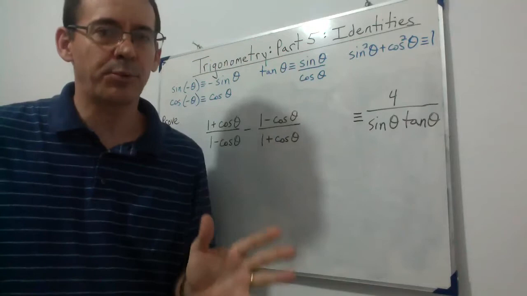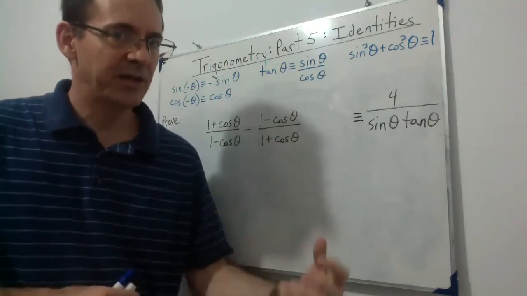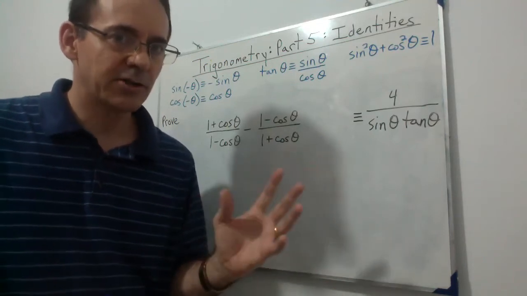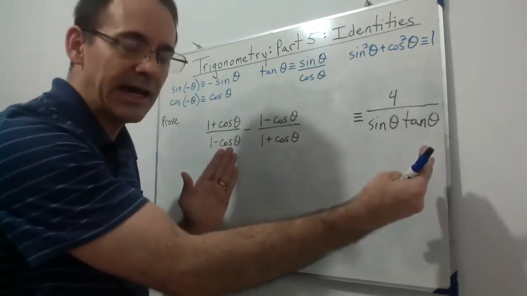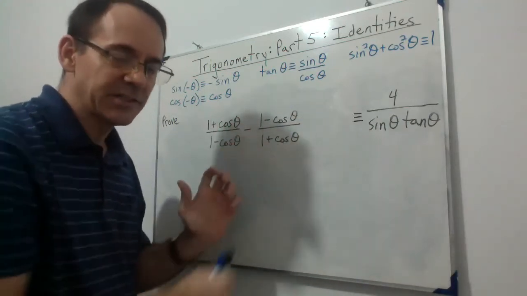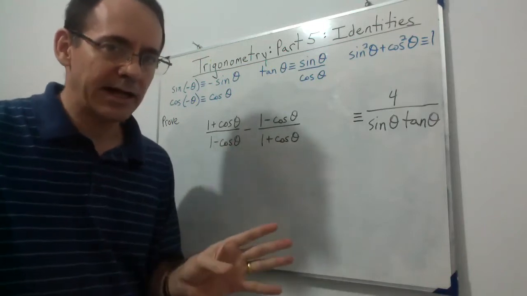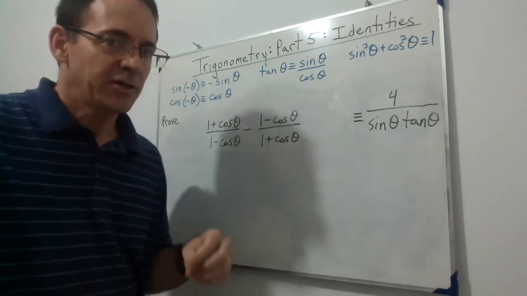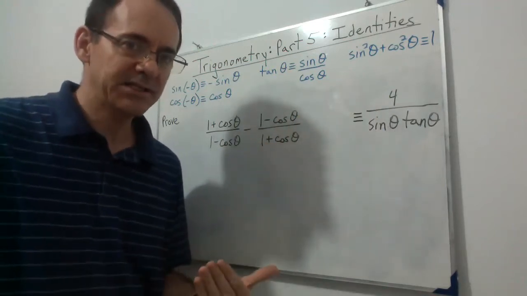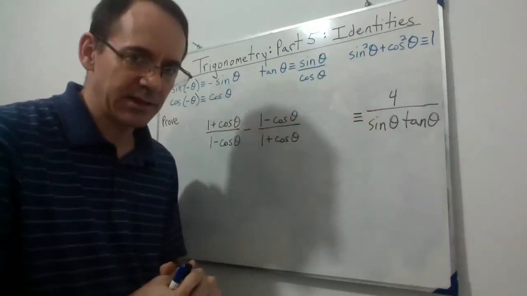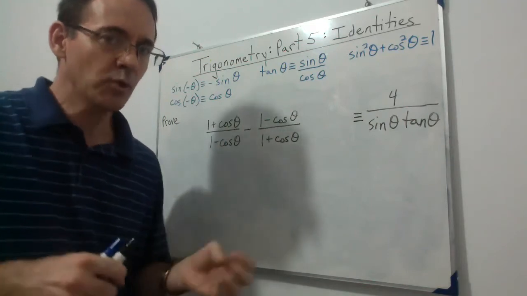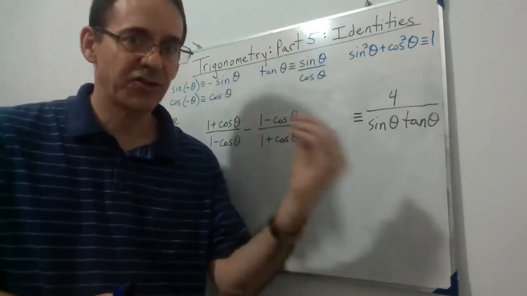And that's going to be important for Cambridge. Sometimes other curriculum and maybe teachers will let you cheat a little bit and let you work both sides to the middle, as long as in the middle you have equivalent expressions. There's really nothing wrong with that. But for Cambridge questions, you really don't want to mess with the right-hand side. The reason is that after you demonstrate this, you're then going to move into the second part of the question, which we'll cover in part 6, the solving part.